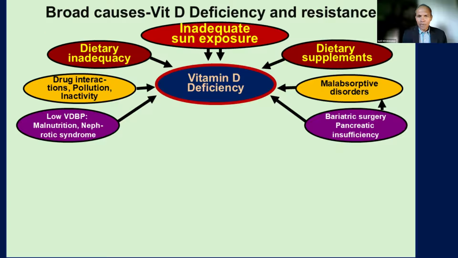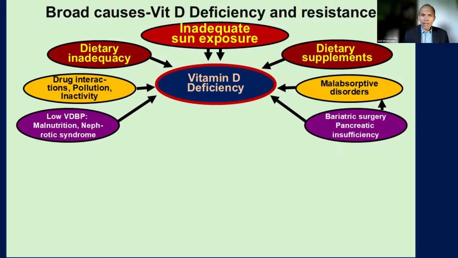And as a dietary source, the diet itself has very little vitamin D. So dietary supplements are becoming more and more important with the change of lifestyle, the indoor lifestyle and air conditioning and that kind of thing, which means less and less exposure to UVB. To add to that, of course, there are other things like pollution. Air pollution will filter almost all UVB, and you can stay in the sunlight and you may not develop any vitamin D.